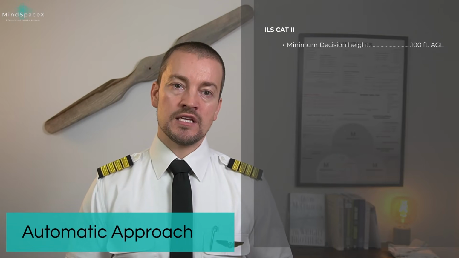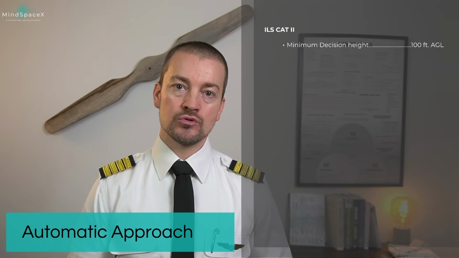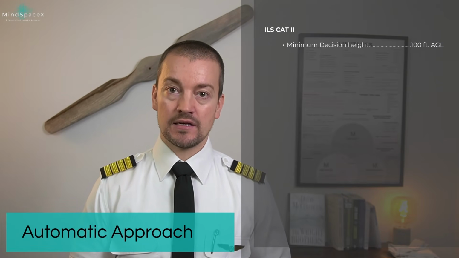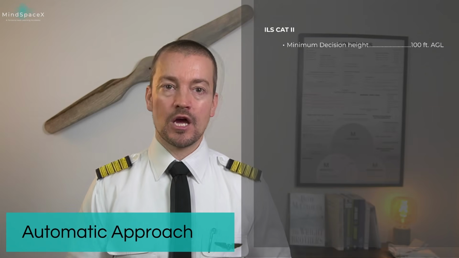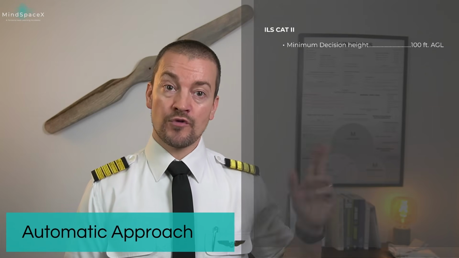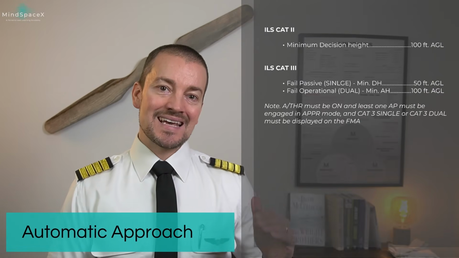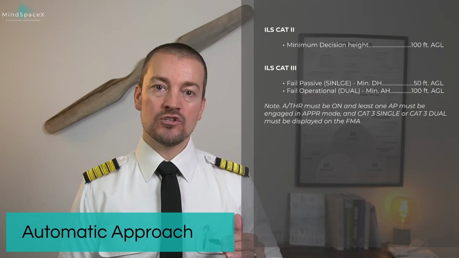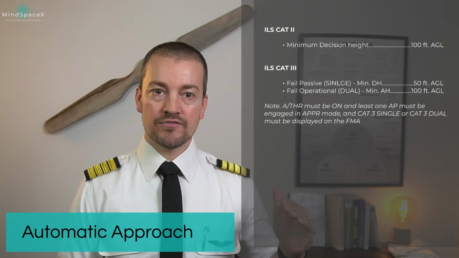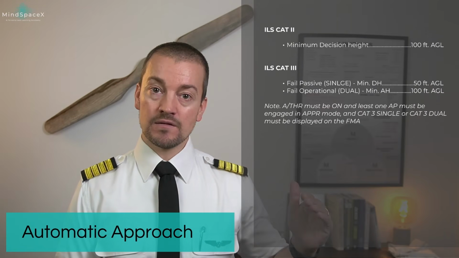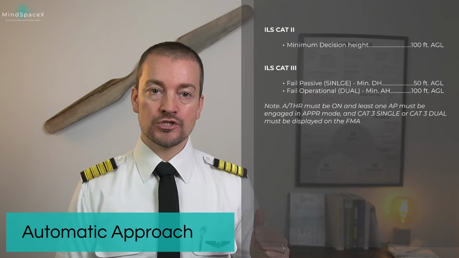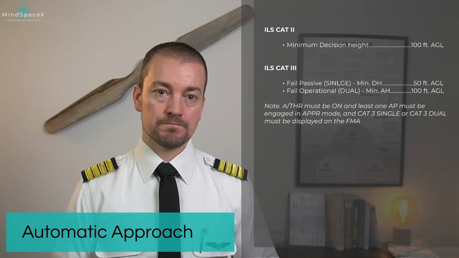When using the automatic approach capability in ILS Cat 2, the minimum decision height is 100 feet AGL, not to be confused with the minimum use of autopilot that we just covered. With an ILS Cat 3, it is divided into fail passive, we call that Cat 3 single, or fail operational, Cat 3 dual.